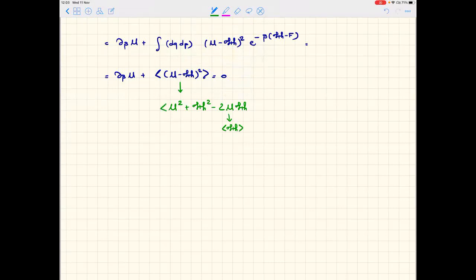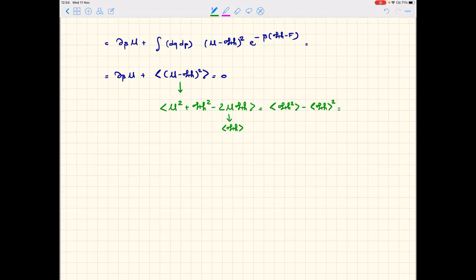So you see that the average of this is equal to the average of h squared minus the average of h, squared.